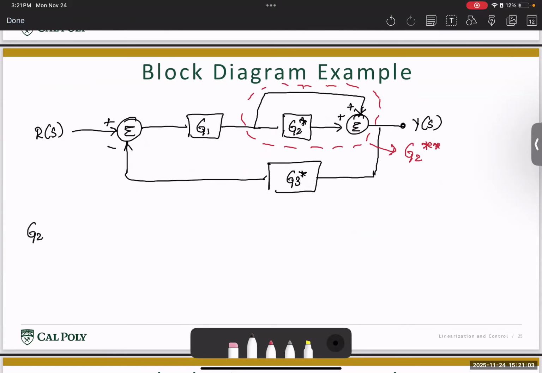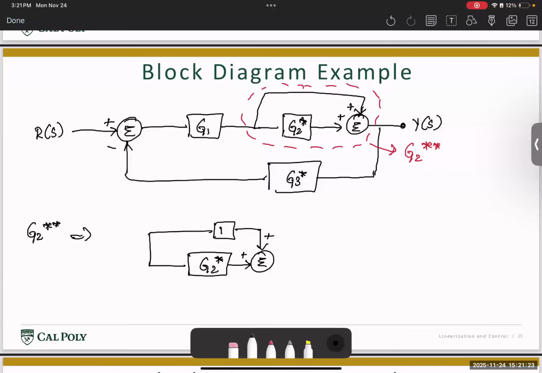G2 double star is nothing but a system where we have two gains. Here this is G2 star, versus if we have nothing, it's as good as a gain of plus 1, and then these two get added here. Now this looks as if we have two different gains that are getting added to the signal. So the simplification of this is that G2 double star is nothing but 1 plus G2 star.